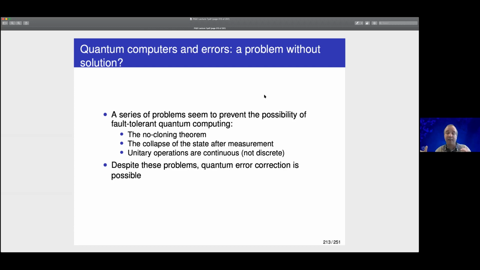So if one of them gets corrupted, then you can use the others to correct the one that is incorrect. So in quantum computing, it seems that we cannot do that directly because we cannot clone information. So that is a problem.